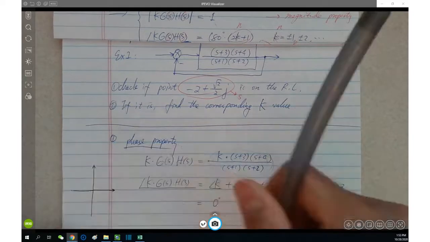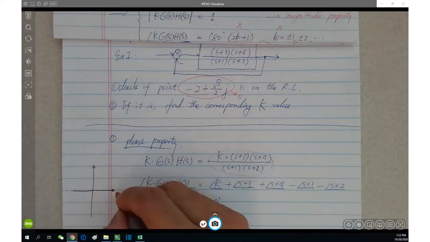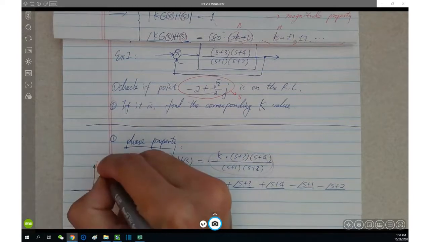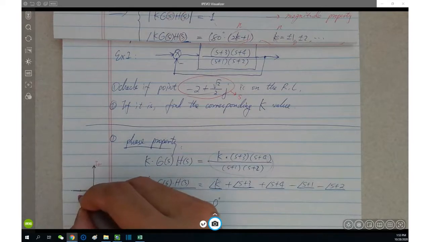Let's say -1. How do you plot -1 into the S plane? This is real, this is imaginary axis. -1 means this is -1.